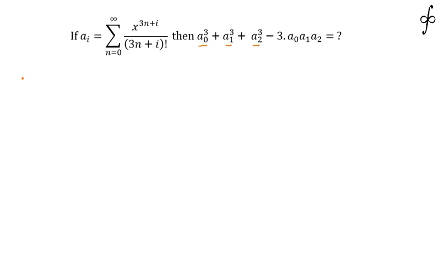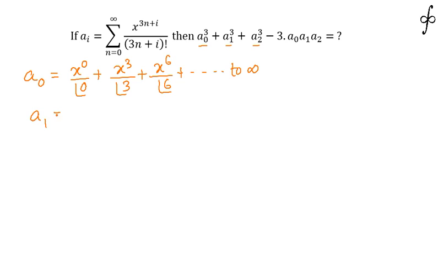So at first, if we closely inspect, then a0 according to the series will come out to be, substituting i by 0, x to the power 0 by factorial 0, then x to the power 3 by factorial 3 plus x to the power 6 by factorial 6, and so on up to infinity.